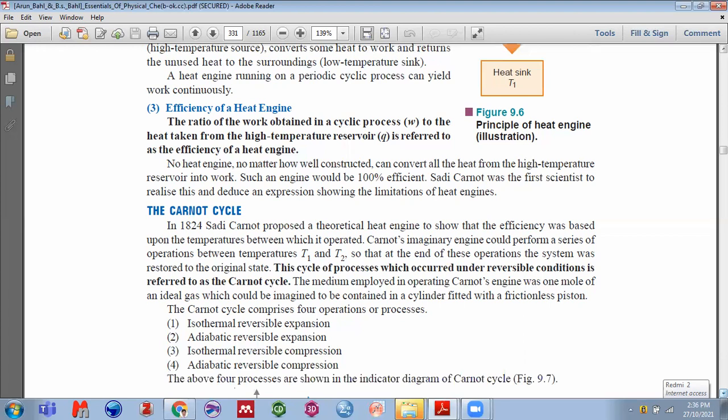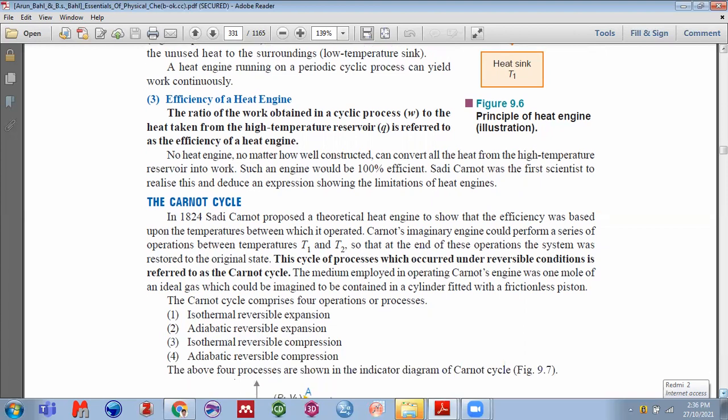One is high temperature and another is low temperature. T1 high temperature, T2 low temperature. So that at the end of this operation, the system was restored to its original position. This cycle, processes which occurred under reversible condition, is referred to as a Carnot cycle.